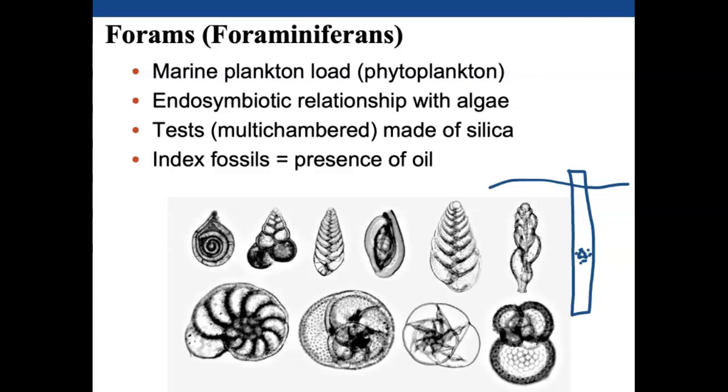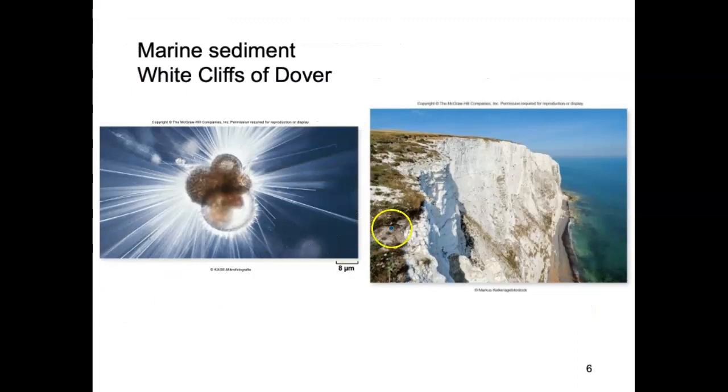So, all right, now one of the really cool things about forames is if they build up in large levels, they form this white, chalky sediment. So the White Cliffs of Dover, these cliffs are hundreds of feet tall, are white because there is such a massive accumulation of forames.